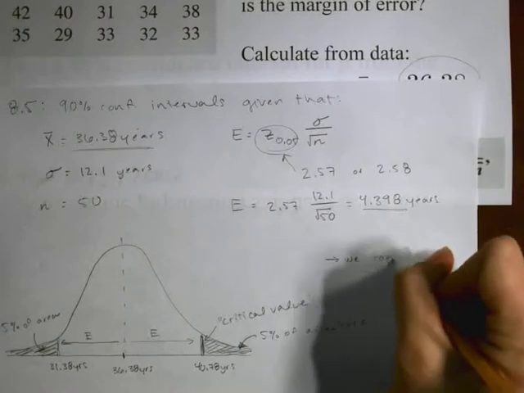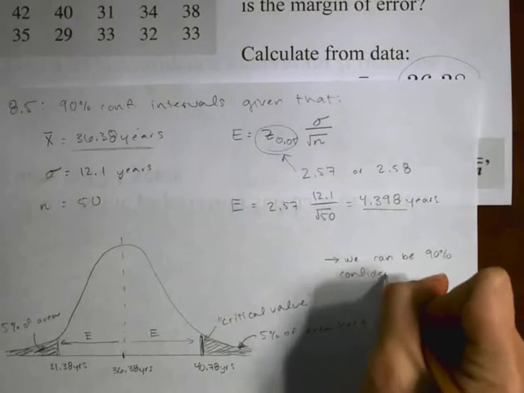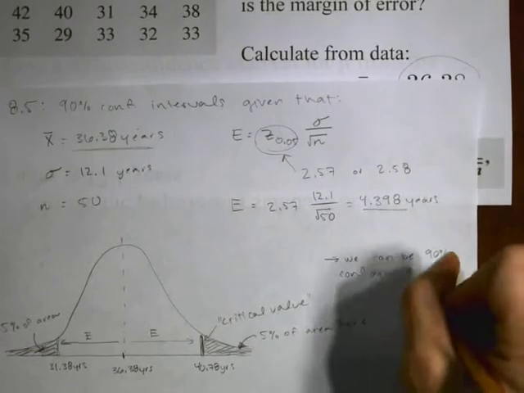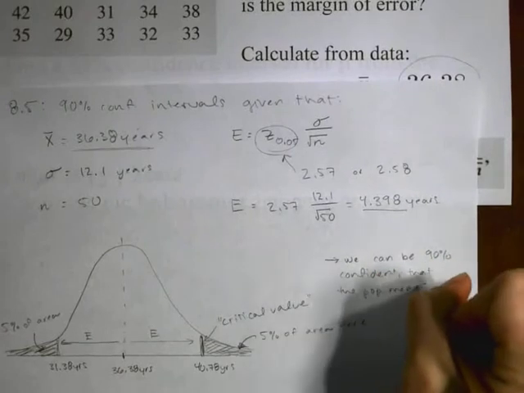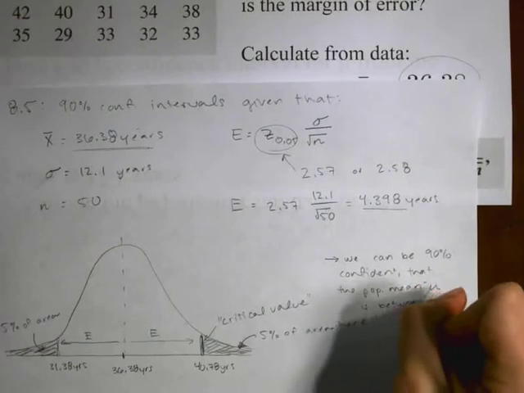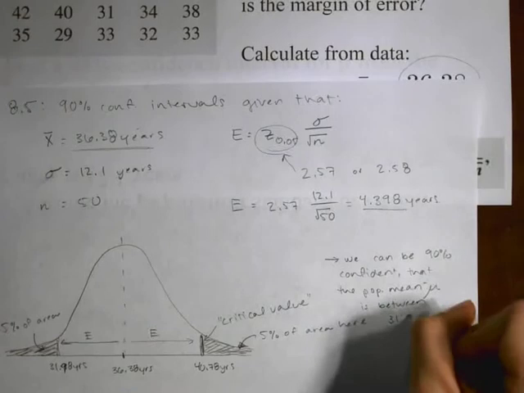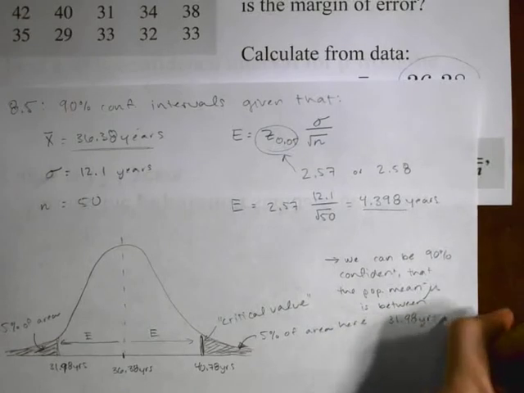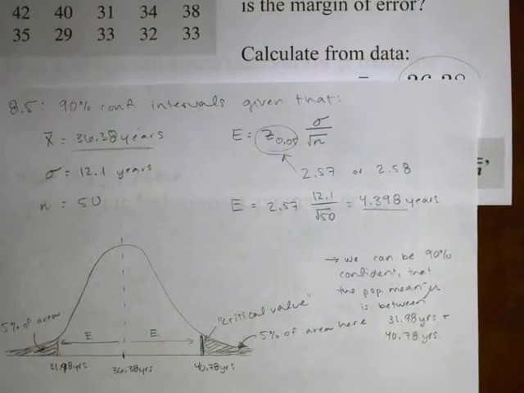Okay, so the interpretation of this is that we can be 90% confident that the population mean is between 31.98 and 40.78 years.